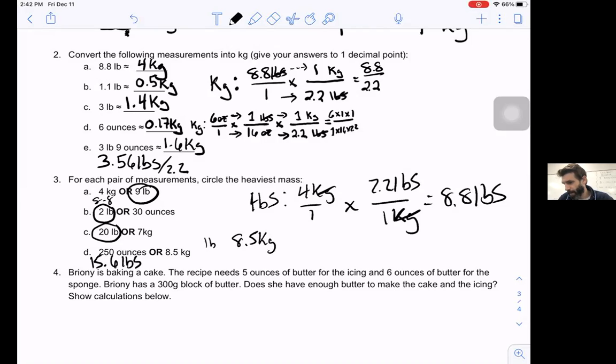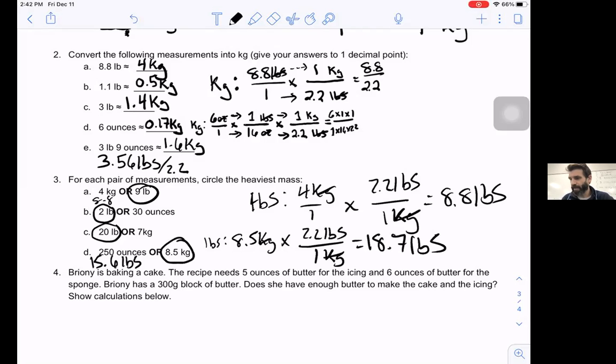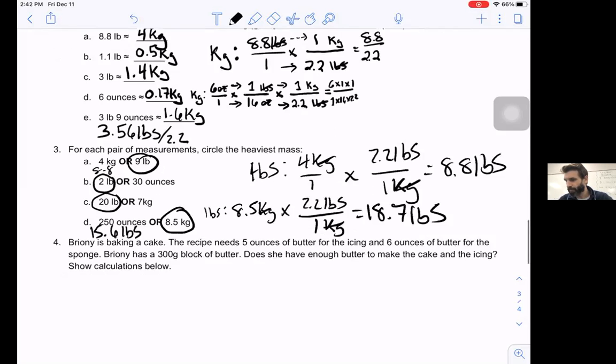We're looking for pounds times 2.2 pounds per 1 kilogram. Cross that off. I get, what is that? 8.5 times 2.2, that's 18.7. That's more than 15.6. This is 18.7 pounds. So I know that 8.5 kilograms is more. Okay.